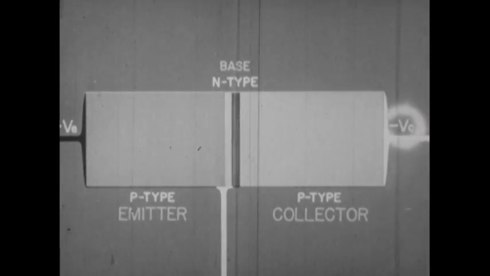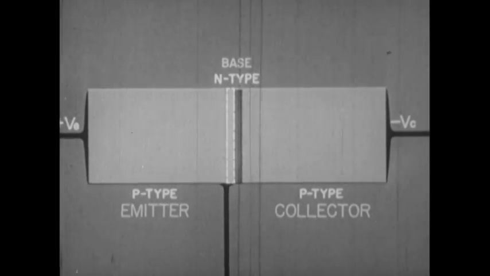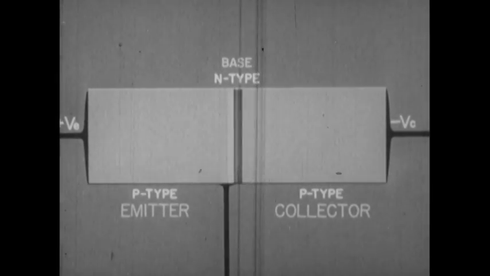This charging current flows through the base, a narrow, crowded path that has resistance. The base resistance consumes power that would otherwise be available as output. And the higher the frequency, the greater this power loss becomes.